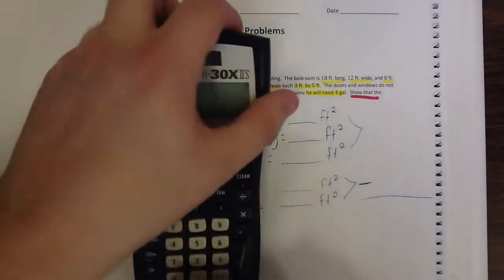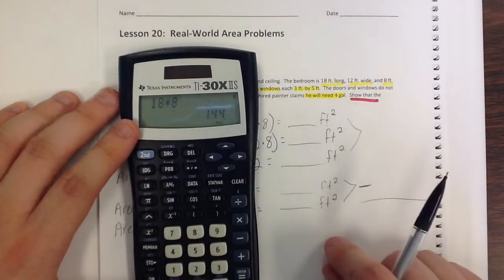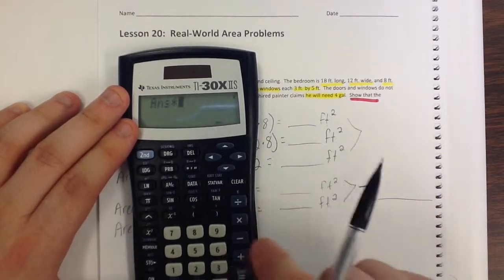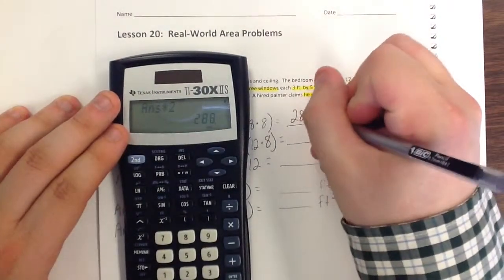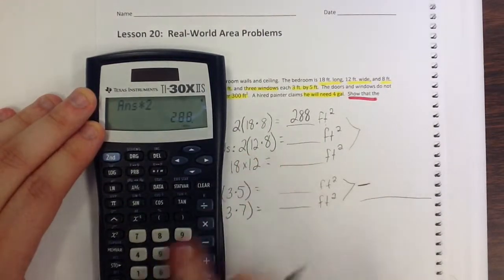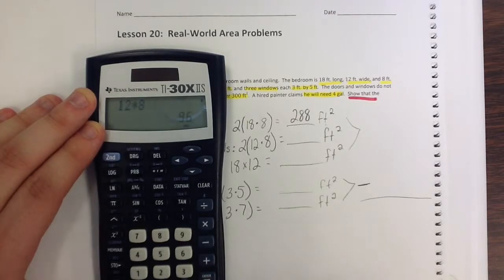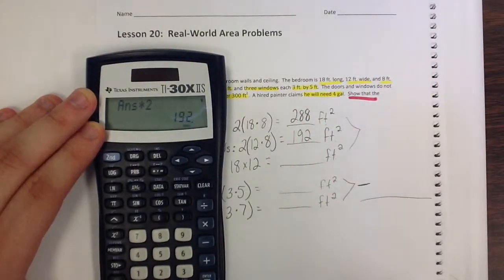So, if you do this into your calculator, here's what I would type in. 18 times 8 equals 144. I multiply my answer times 2, and I get 288. Next one, 12 times 8 comes first. Clear. 12 times 8. Get my answer. I multiply that by 2, and I get 192 square feet.